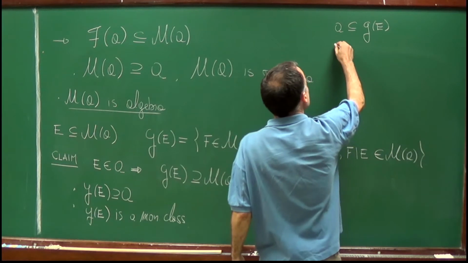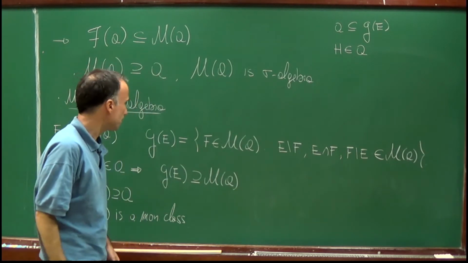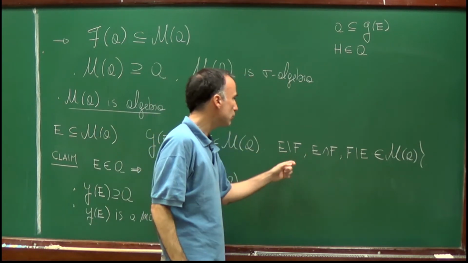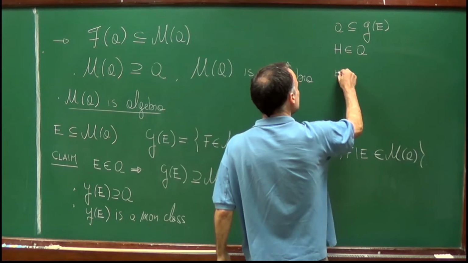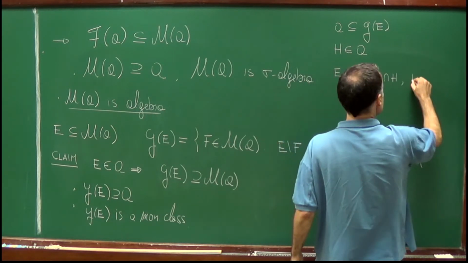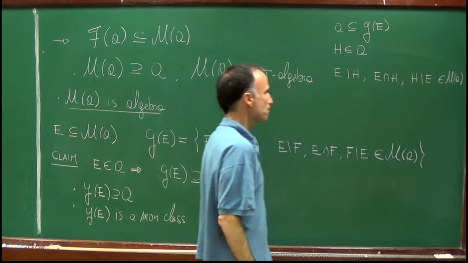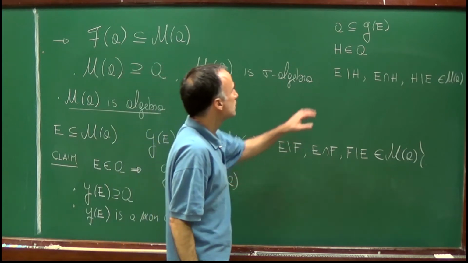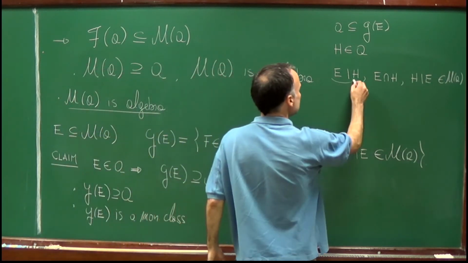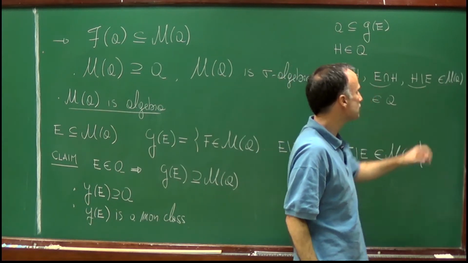Remember that I'm assuming that E belongs to the algebra. Well, to prove that, I have to take a set H in the algebra and show that it belongs to G of E. To prove that, I have to show that E minus H, E intersection H, and H minus E belong to M of A. Well, since H is an element of the algebra and E is an element of the algebra, these three sets all belong to the algebra, and the algebra is contained in the monotone class generated by the algebra.